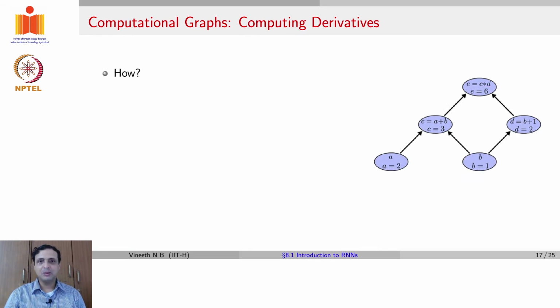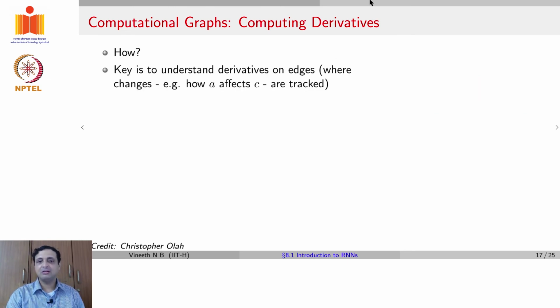That was nice and simple, but how do you use such a computational graph for the backward pass if you want to do backpropagation? Or, in other words, how do you use a computational graph to compute gradients or derivatives? The key here is that to understand gradients, you need to understand the edges of a computational graph, because the edges denote how a particular variable affects another variable.